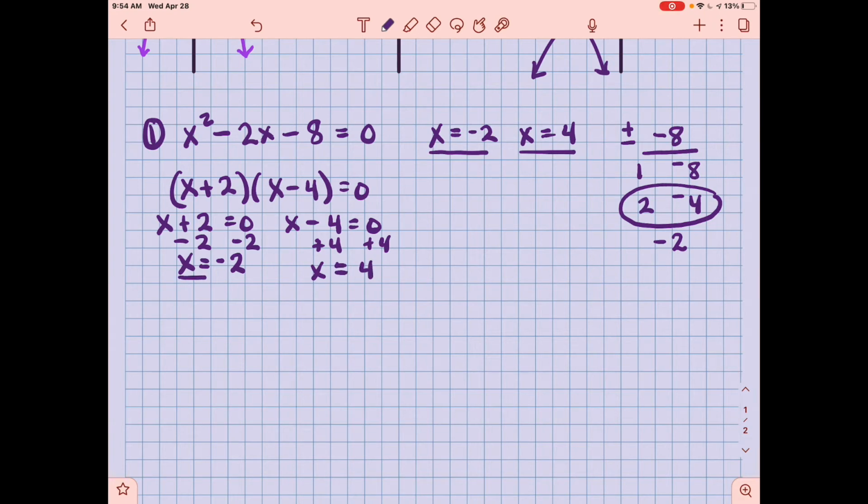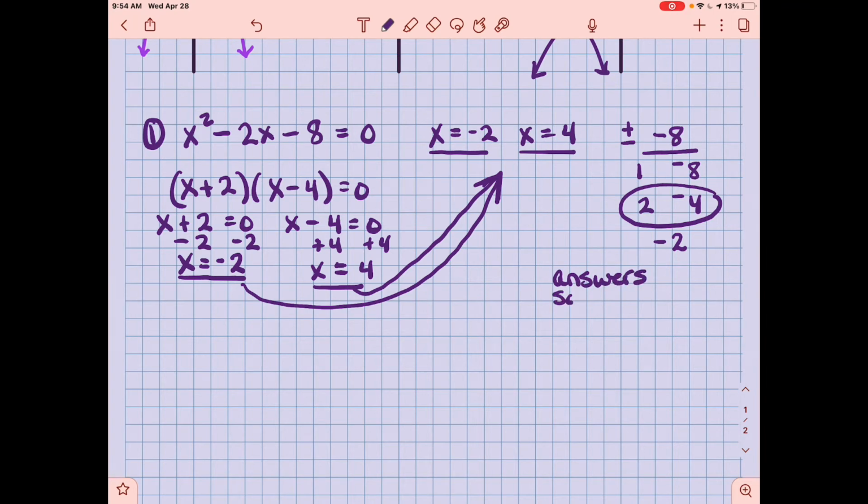I get x equals -2 and x equals 4, which is the same thing that I got when I graphed it. That's because when we solve for these factors, we're solving for the roots. In fact, let's just write that. Sometimes we say answers. That's a very informal thing. Sometimes we say solutions. Sometimes we say zeros, because it's where y equals 0.